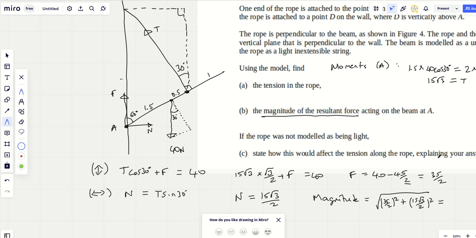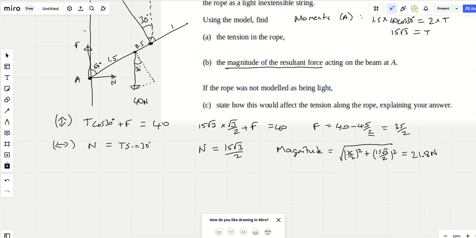Let's see, 15 root 3 squared divided by 4 plus 17.5 squared, I suppose is the quickest way to type that in, and root the answer. Okay, I'm making that 21.8 newtons, or 22 newtons, or the square root of 475. Let's make that 21.8 newtons. Yeah, there we go. Okay, right.